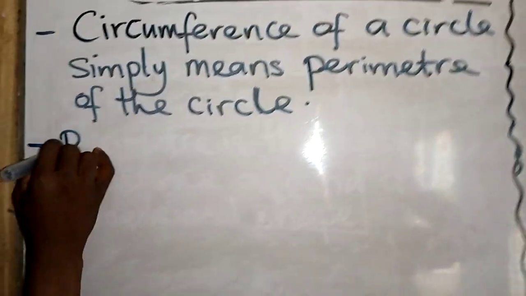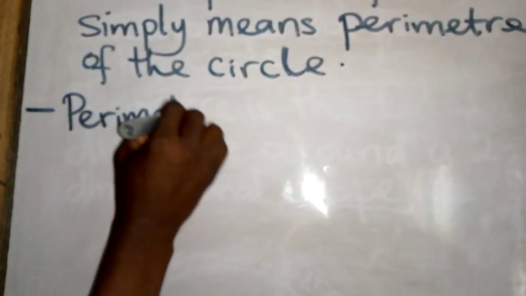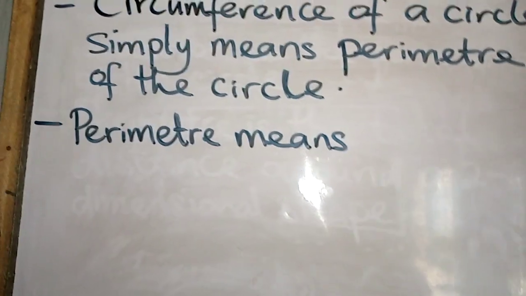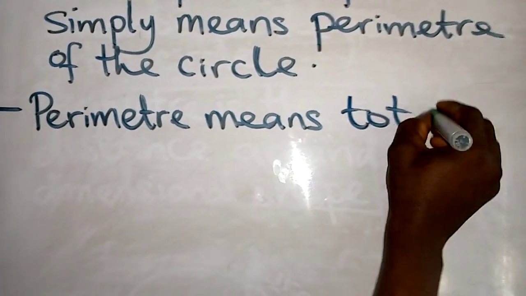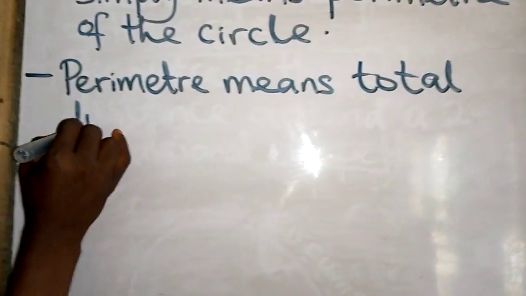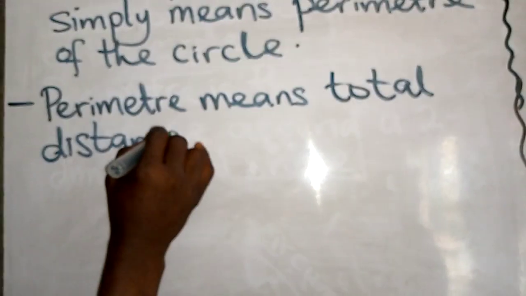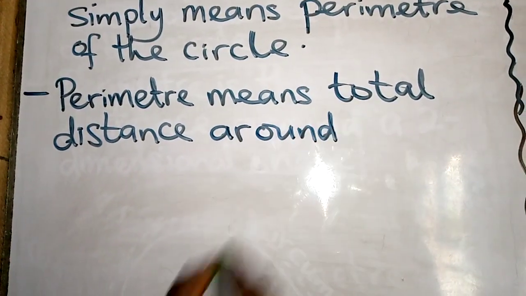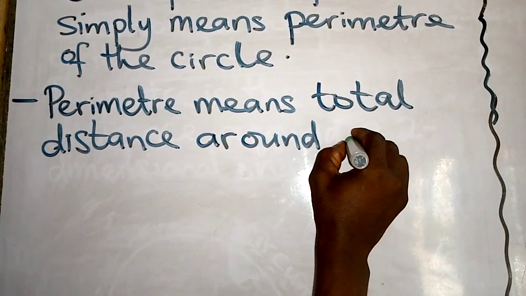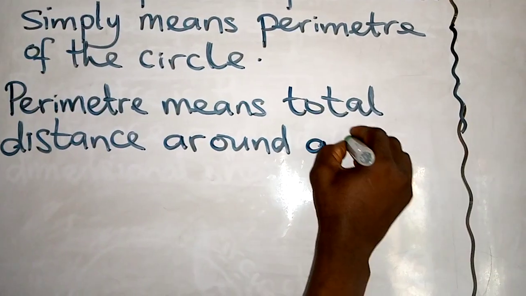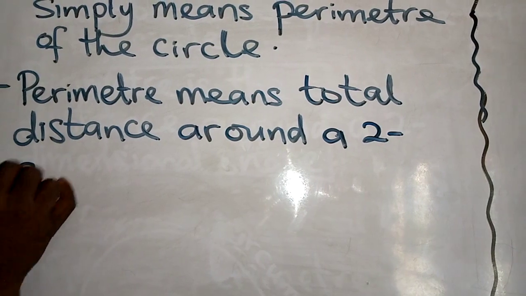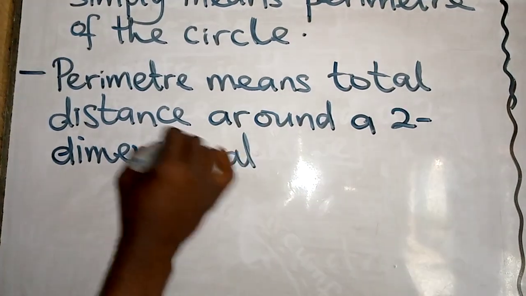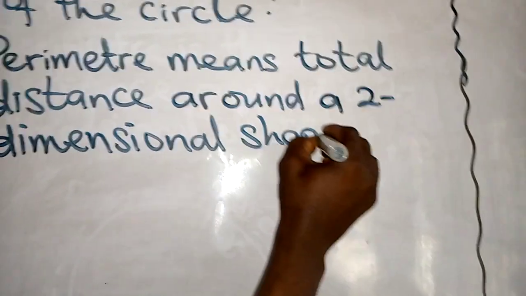And perimeter means the total distance around a two-dimensional shape.